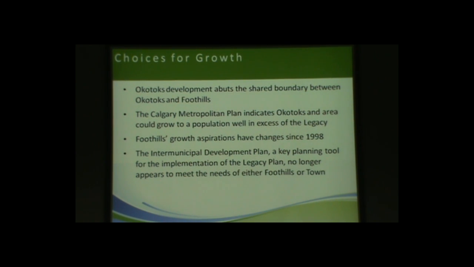The Calgary Metropolitan Plan indicates Okotoks' area could grow to a population well in excess of the legacy plan. Foothills' growth aspirations have changed dramatically since 1998. And finally, the Intermunicipal Development Plan, a key planning tool for implementation of the legacy plan, no longer appears to meet the needs of either Foothills or the town of Okotoks.